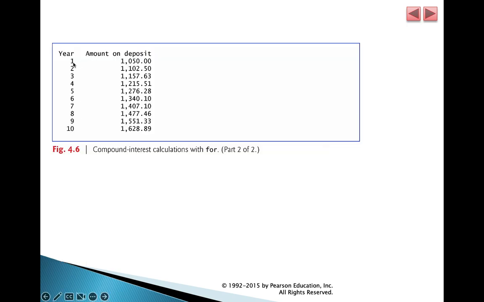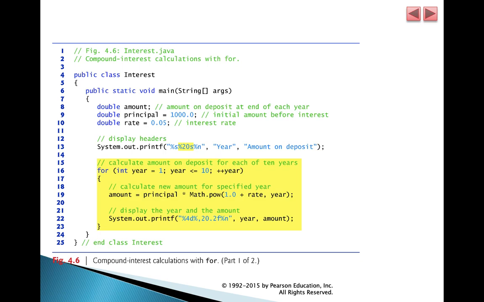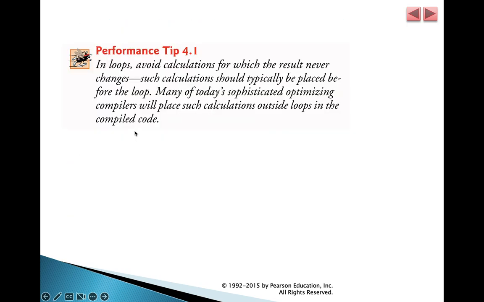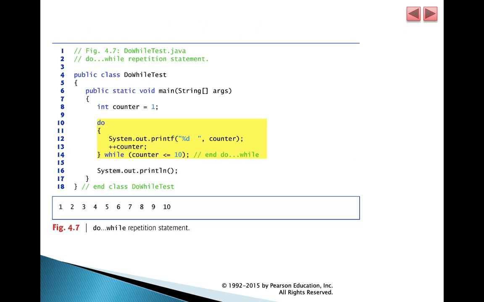Imagine you invest 1,000, and every year you get 5% of this. So this is the initial amount and this is 5%. You make a loop to compute every year how much you will get. We make a loop of 10 iterations, so we will get this money after 10 years. This is another application of the while.